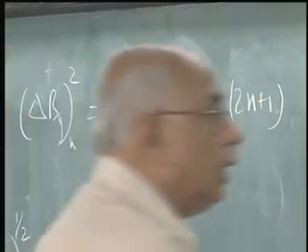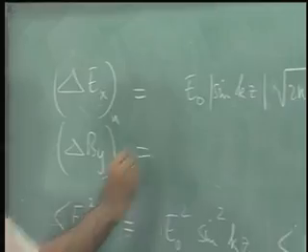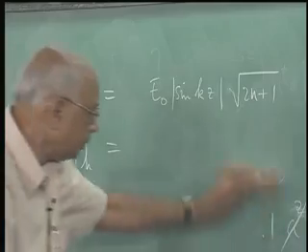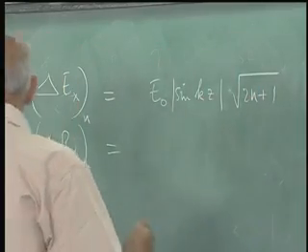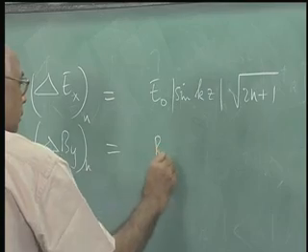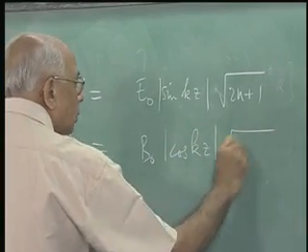So delta By in this number state n is equal to B naught cos kz root 2n plus 1.